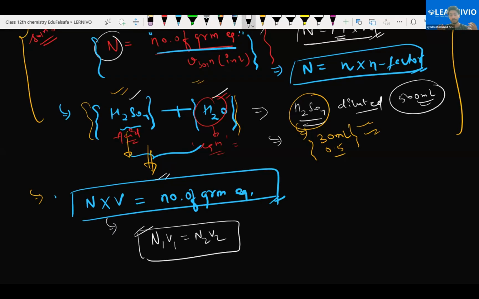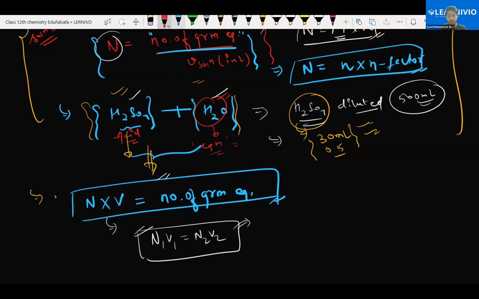From where can I get these terms? Then the concept of gram equivalent comes. That's why I took a long lecture to explain the number of gram equivalents. Now I am able to find the terms of the molarity.